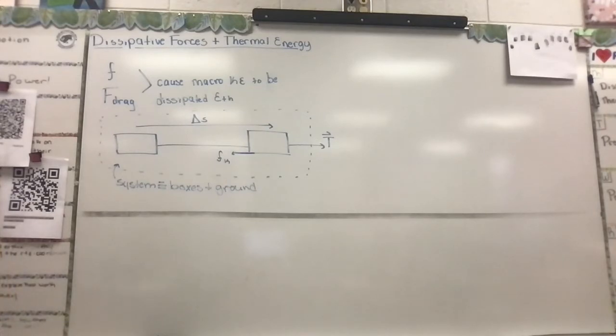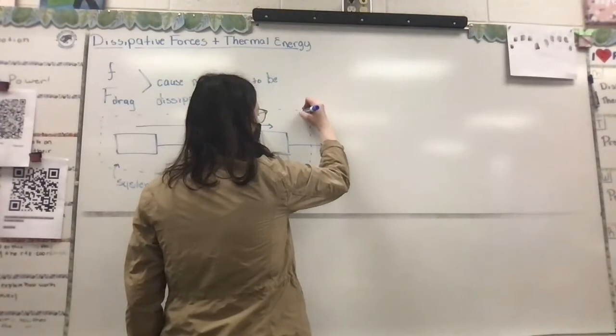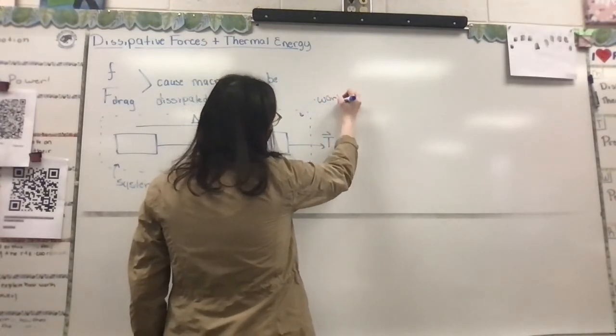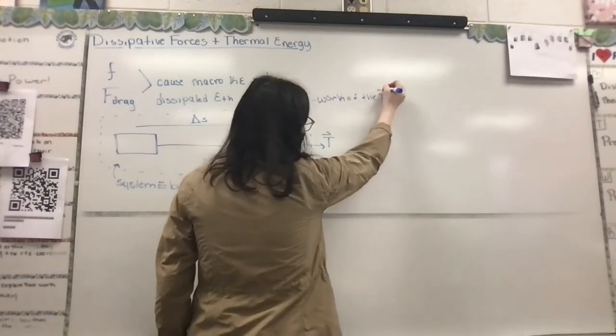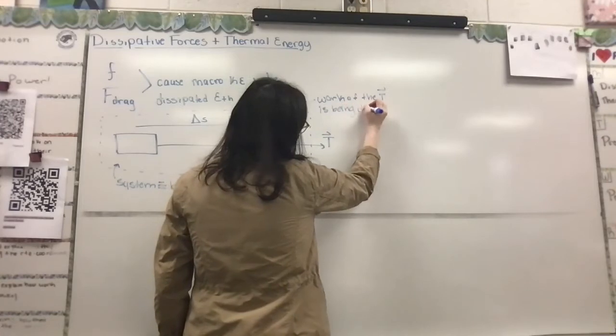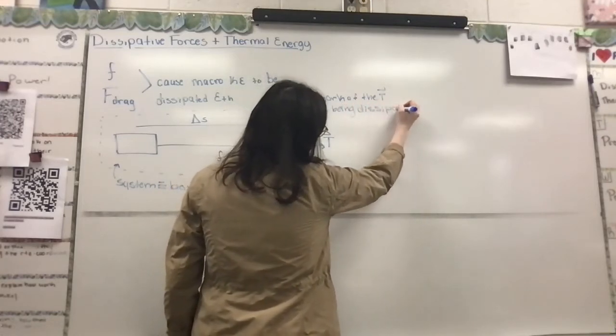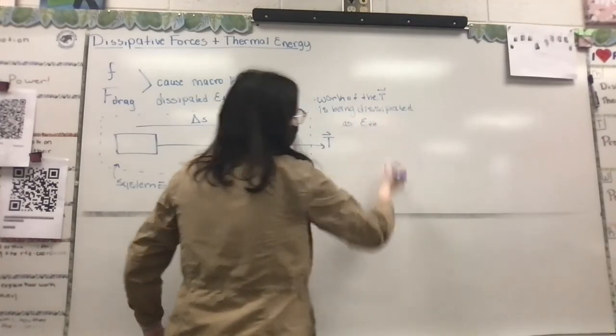And if we're doing work with our tension, what's it being dissipated as? Yeah, it's getting dissipated as thermal energy. So when we're looking into this system, the work of the tension is being dissipated as thermal energy.